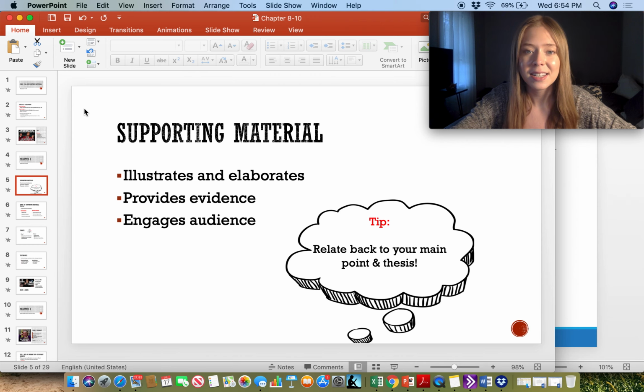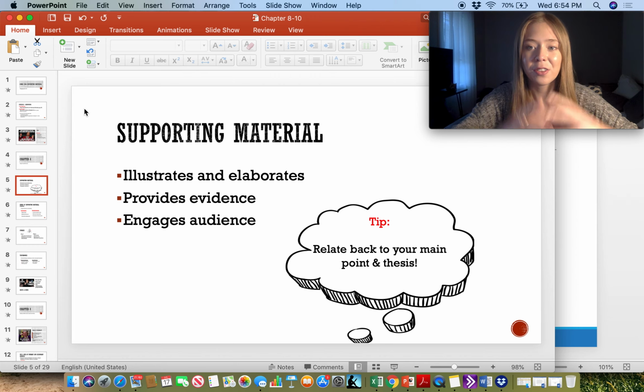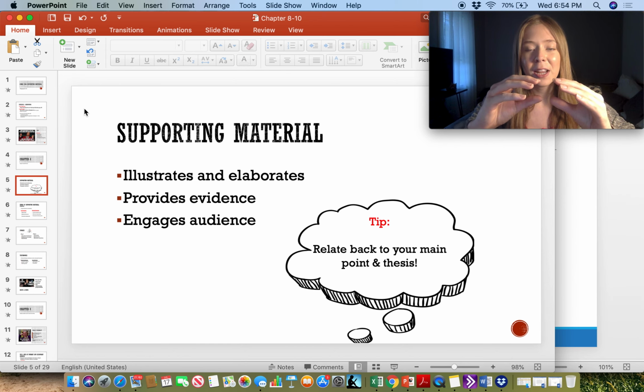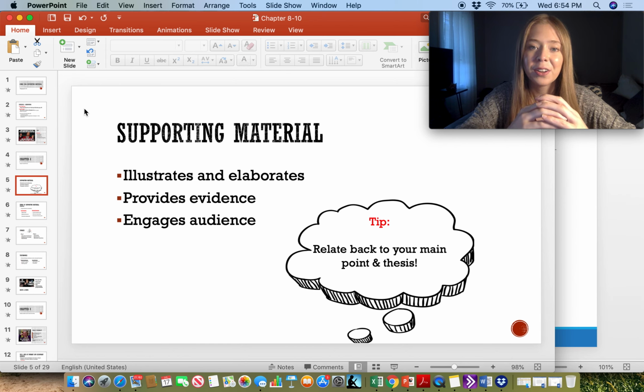As this slide states, supporting material illustrates and elaborates our point, it provides evidence, and it engages the audience. This goes under your thesis, which is the umbrella for your entire speech, and then you have main points. Under each main point, you'll have supporting material that relates back to your main point, and the main point relates back to your thesis.